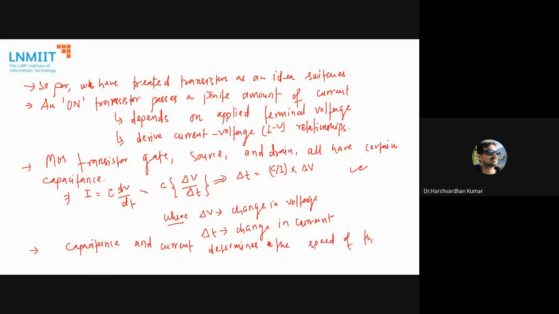If you remember, in case of BJT also, the capacitance plays a major role in determining the speed of the transistor. So have you calculated or heard about the term speed of the BJT? No, sir. Okay, no problem. We will discuss about it. You don't need to worry.